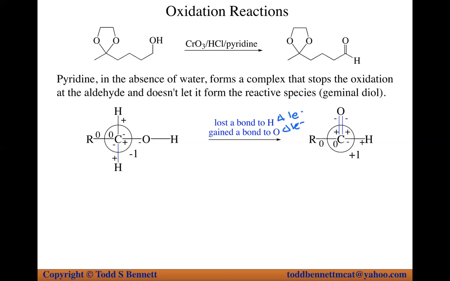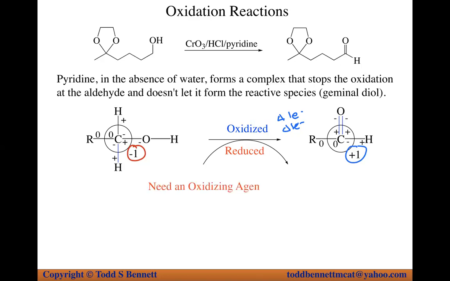So sure enough, when it went from -1 to +1, it was in fact a loss of 2 electrons, which we already knew because losing a bond to H loses an electron, gaining a bond to O loses an electron. So it's oxidized by 2 electrons, which means somewhere you have to have something reduced by 2 electrons.